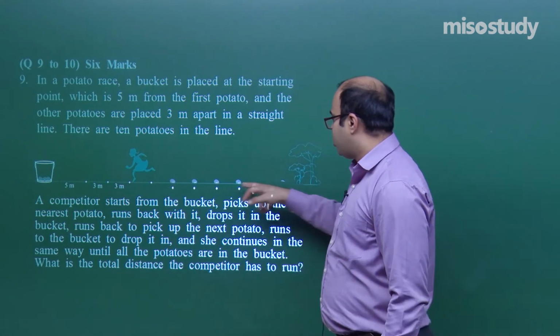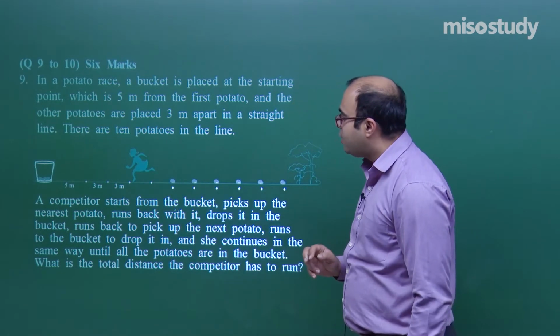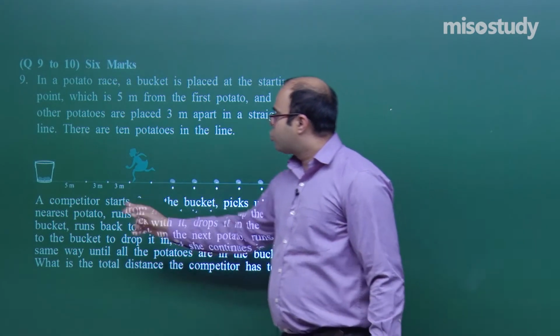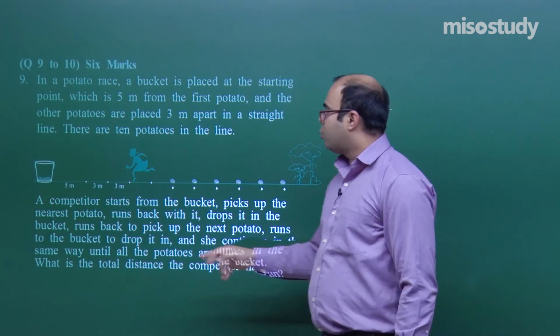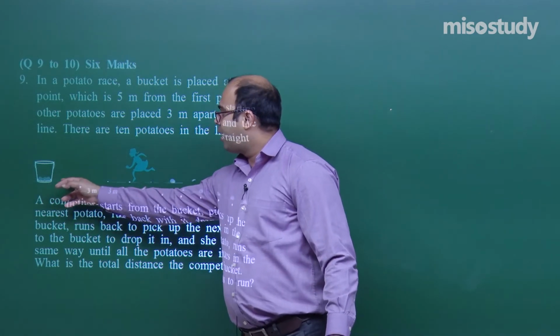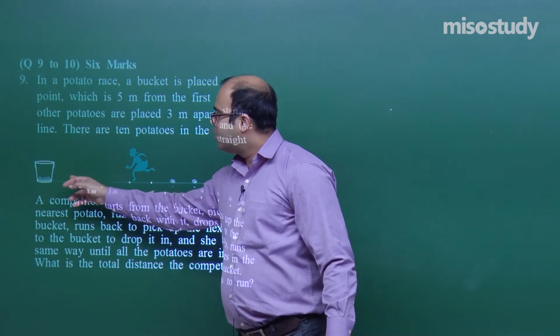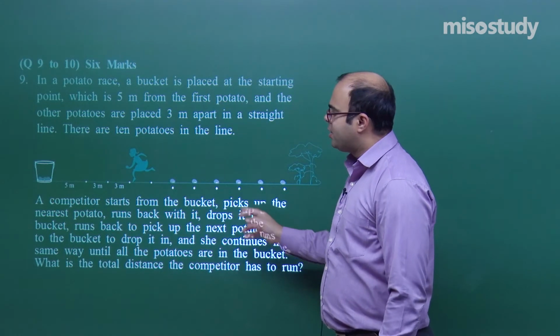There are 10 potatoes in the line. A competitor, this is the competitor, starts from the bucket. So she starts from here, picks up the nearest potato, which is this one, and runs back with it to the bucket and drops the potato in the bucket.